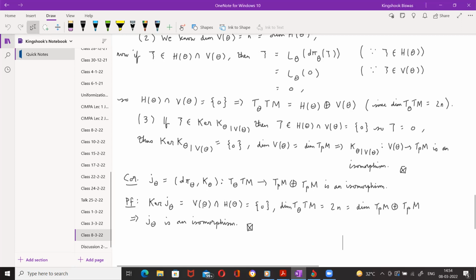That means you're in the intersection of the vertical subspace v theta and the horizontal subspace h theta, and that is 0. So the kernel of j theta is trivial, and both of these spaces have the same dimension 2n. Therefore, this map is an isomorphism. Okay. Is this clear? Yes, sir.